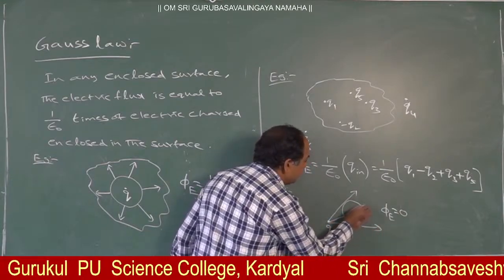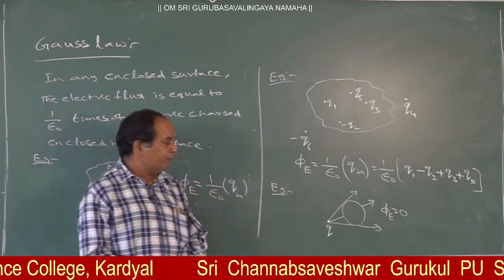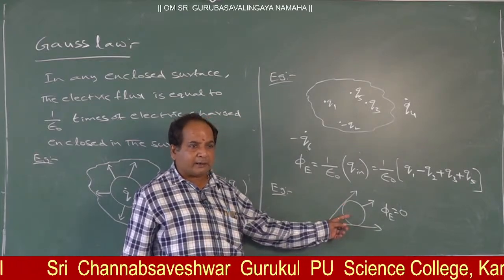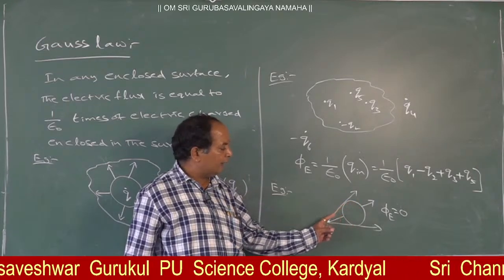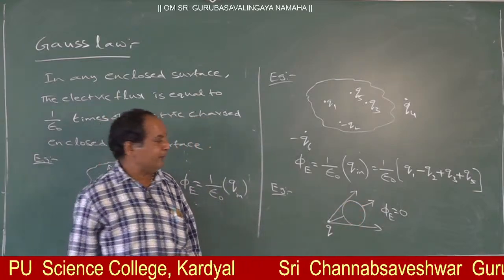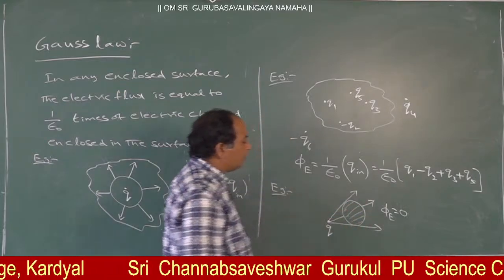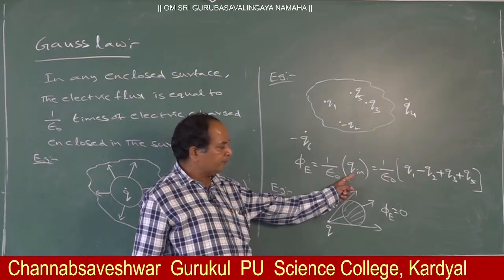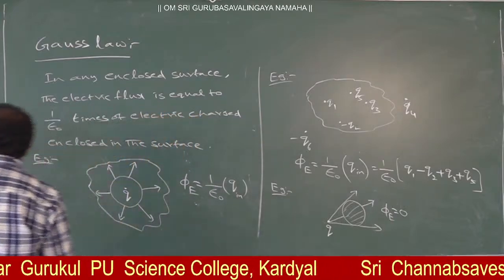According to the definition of flux, when field lines enter the body, the flux is negative, and when they leave the body, the flux is positive. That is why minus phi plus phi total becomes 0. So if within an enclosed body the charge is not there, then Q in is equal to 0, and phi becomes 0. This is regarding Gauss law.